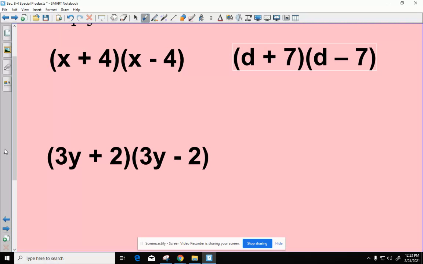Because you see the positive and the negative, that is this last idea, the difference of two squares. Now, again, any one of these you could FOIL to get an answer. Don't feel like if you're not catching on to it quite yet, that you can't FOIL your way to an answer.